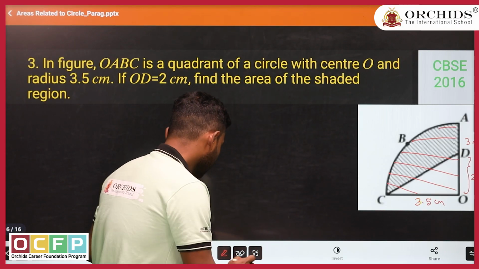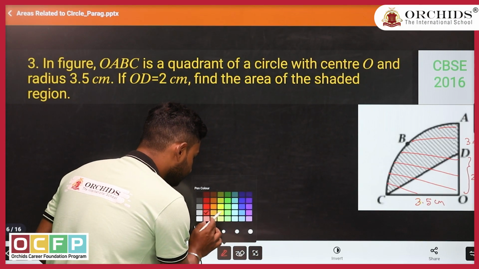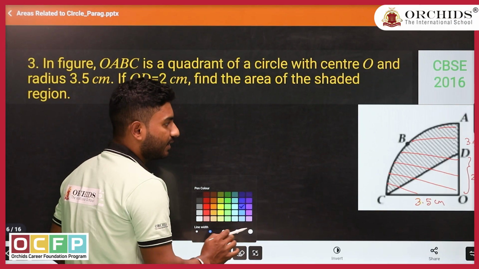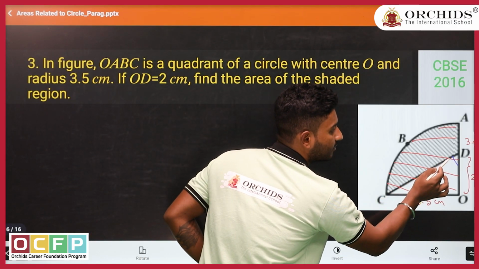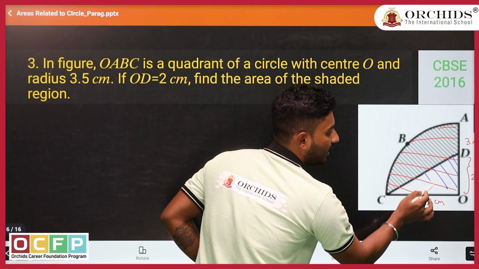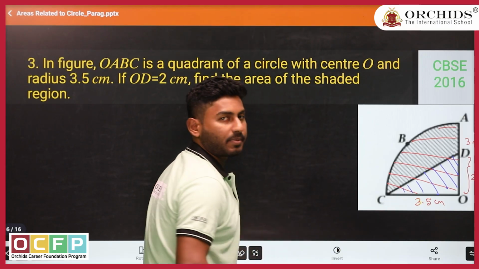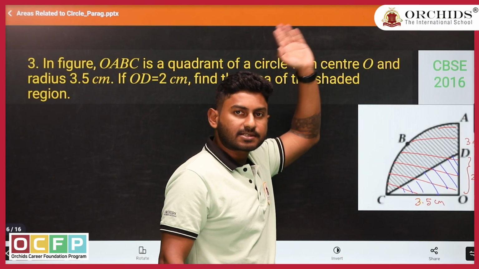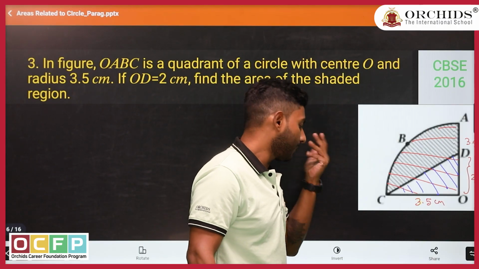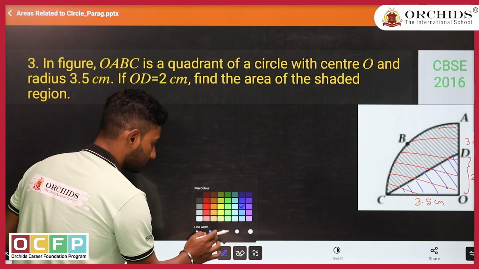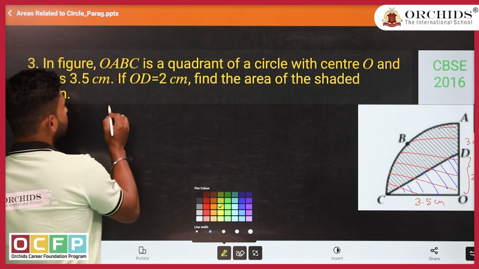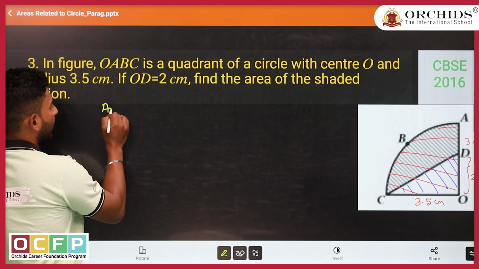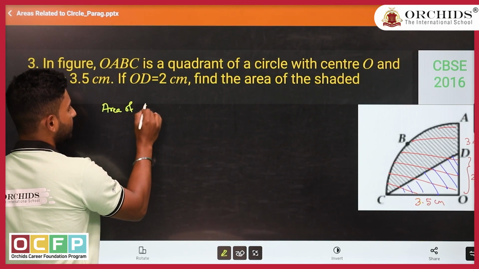After that, we can just subtract this part. If I subtract this part, I am getting the remaining part which is asked in the question. Okay, let's solve. So directly we can write area of shaded portion.